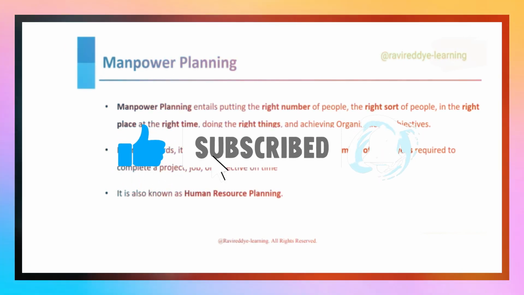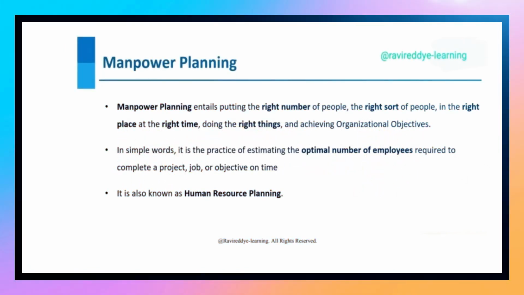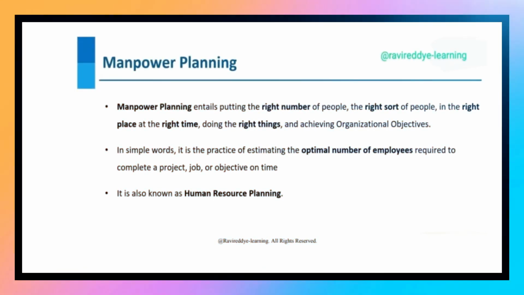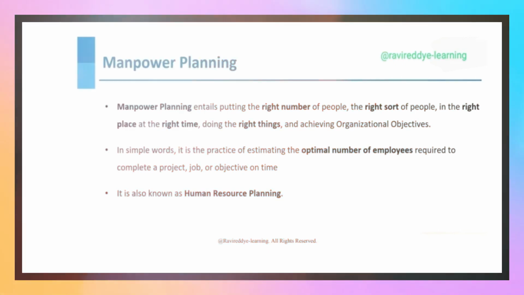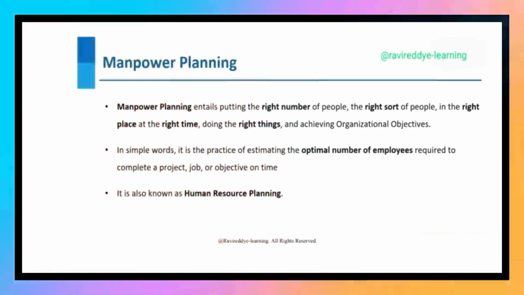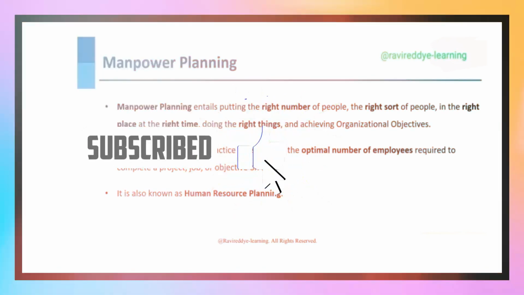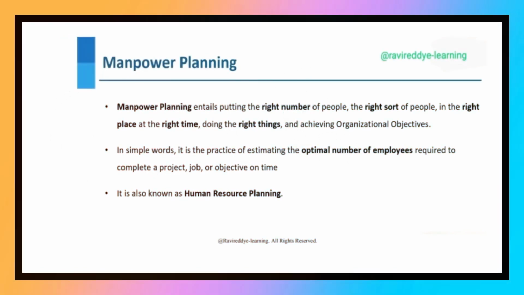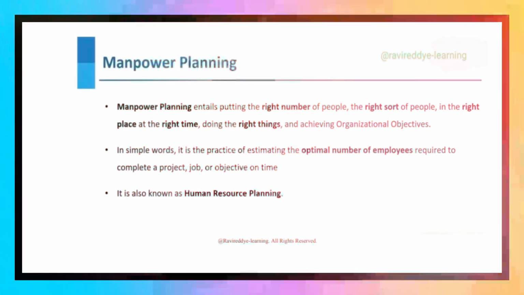When I say the right sort of people, that means people with the right competency, with the right knowledge, the right skills, the right ability to perform the task given to them, in the right place and at the right time, doing the right things and achieving the organizational objectives.